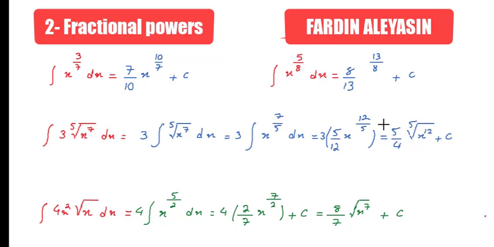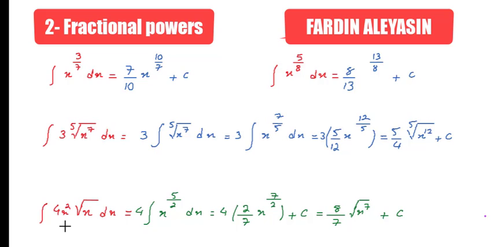This 12 is the top of my fraction, and this 5 is the bottom of my fraction here. And in the final, don't forget your plus C, because the integral is indefinite, and it means a constant in the final answer, which can be any number.